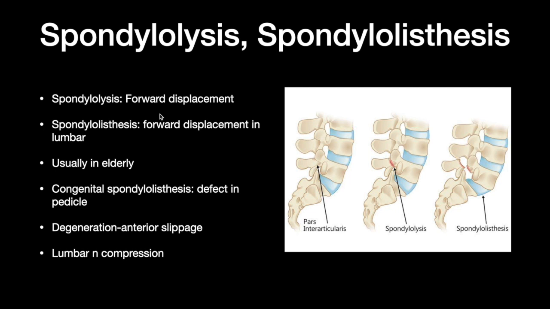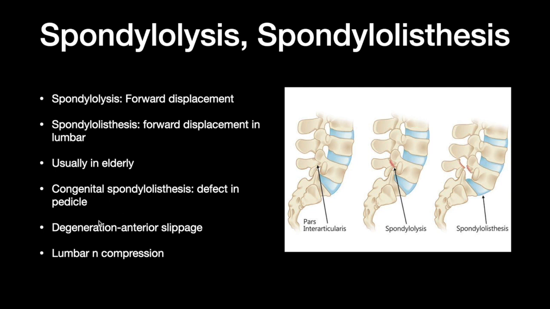So in these injuries, spondylolysis is the forward displacement of the vertebra. Spondylolisthesis is generally in the lumbar region, and that is where the entire bone will be fractured and displaced. They're usually in the elderly. Occasionally it is congenital, and there's a defect in the pedicle.